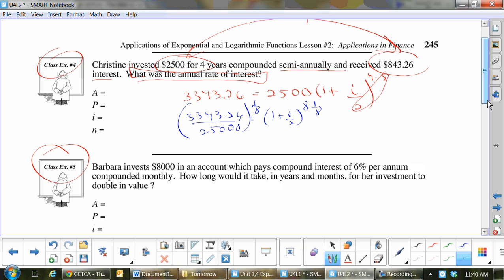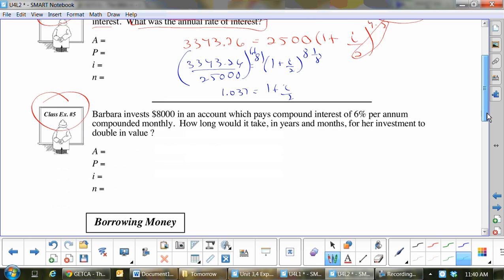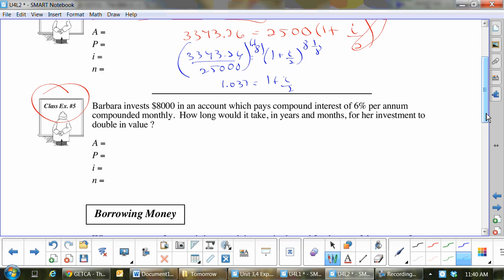Now you can actually put that into your calculator, and always put your exponent in brackets, right? Always put that in brackets. And you will get 1.037 equals 1 plus I over 2. So now we would subtract 1, correct?